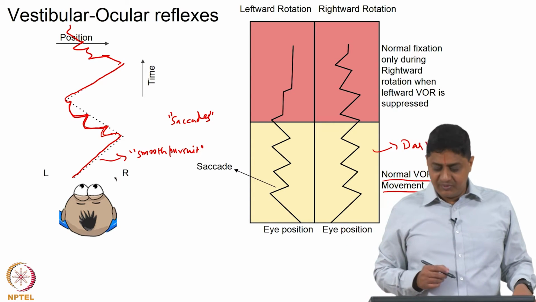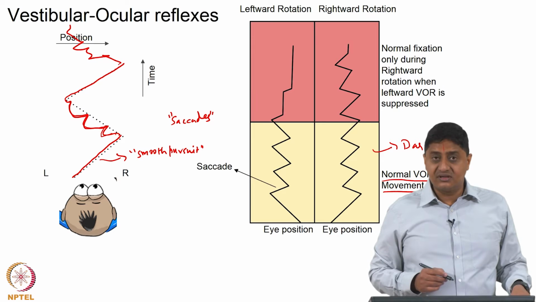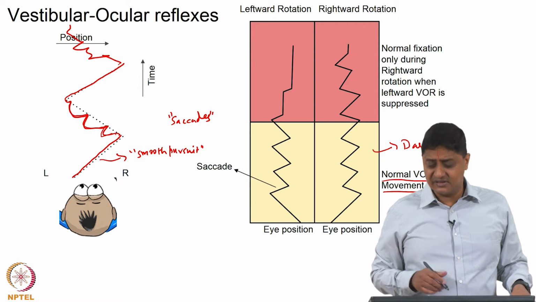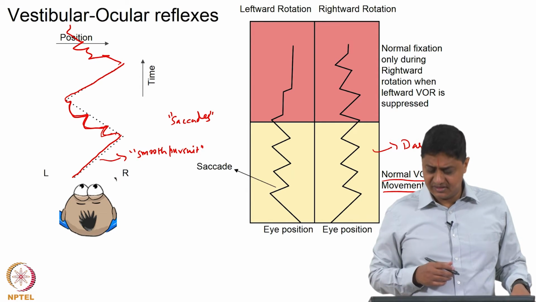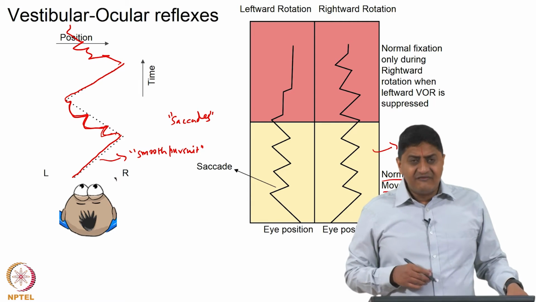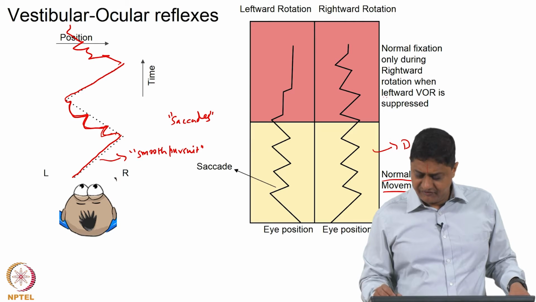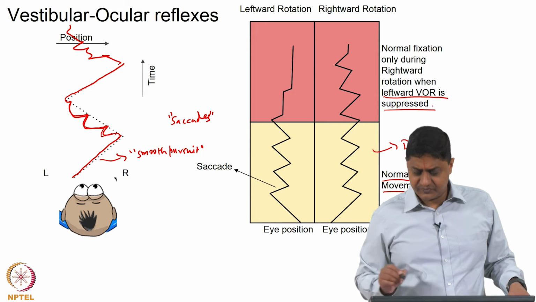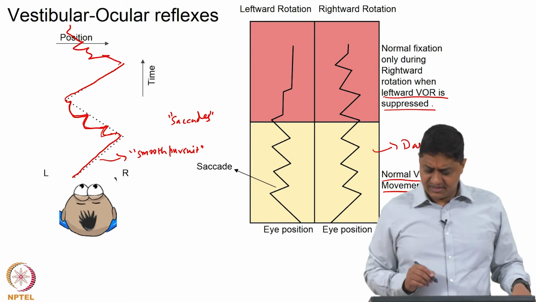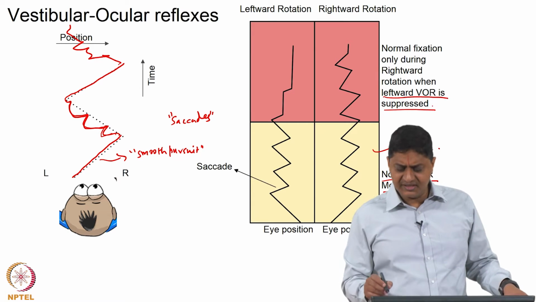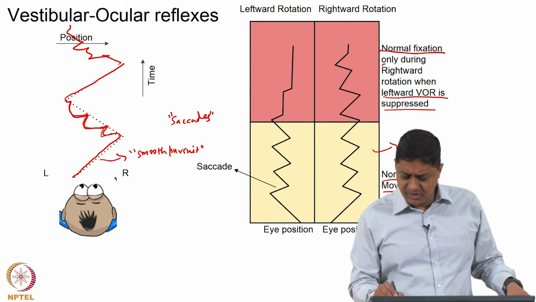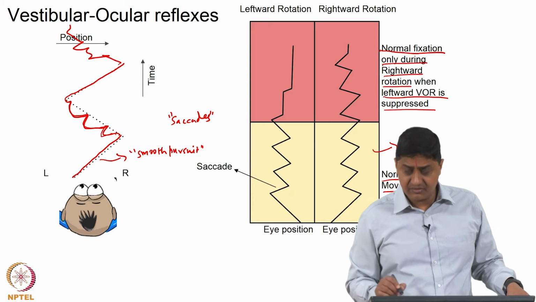Then people with a left side lesion will not be able to perform when leftward movement is there, because there is normal fixation only during rightward rotation.